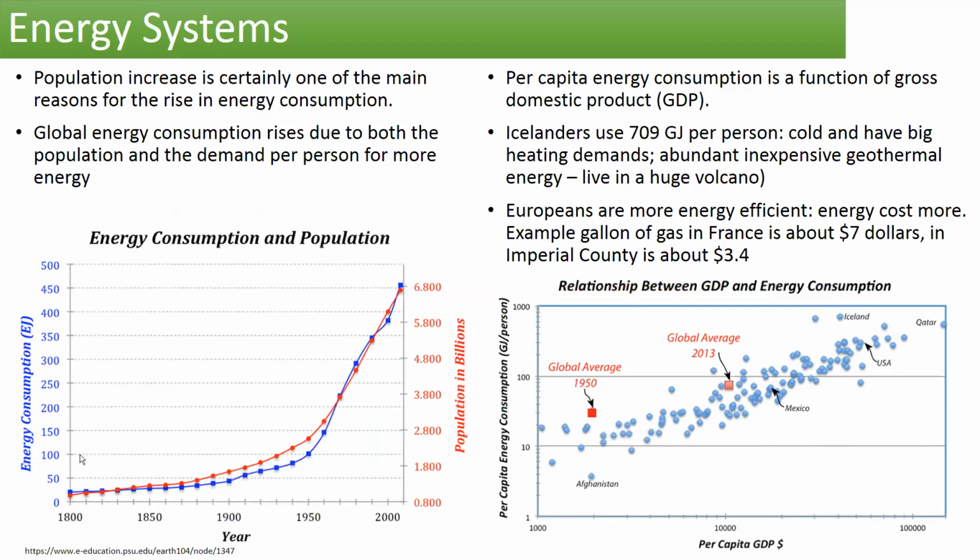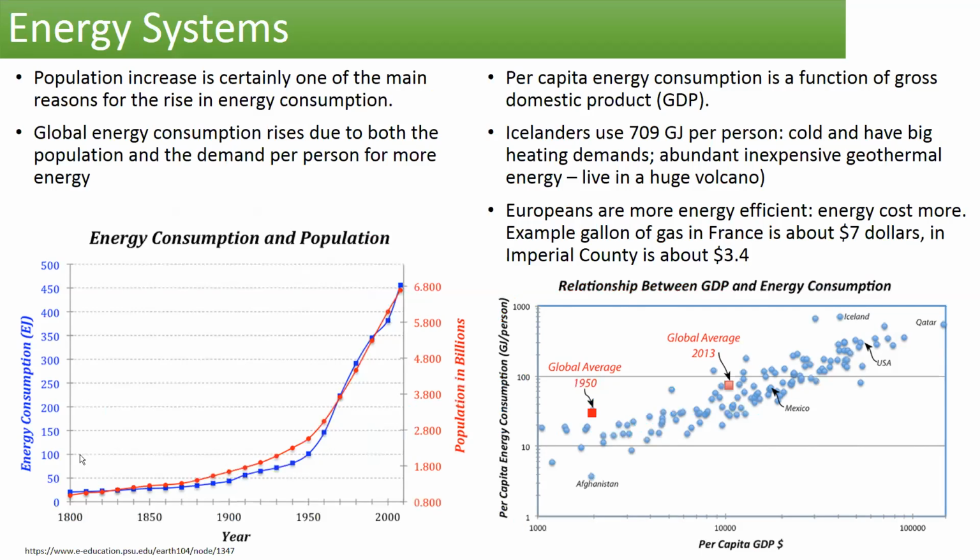The energy consumption is the blue line, and the population growth in billions is the red line. Both of those curves match perfectly, meaning that more is consumed as we have more people on Earth. That's pretty obvious, for all of us in college, that we can see that trend.